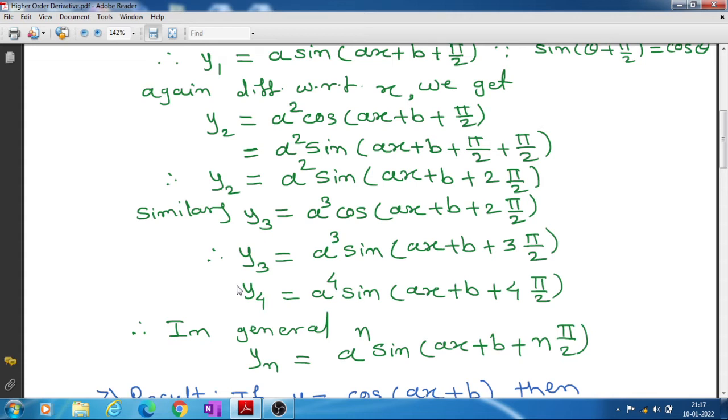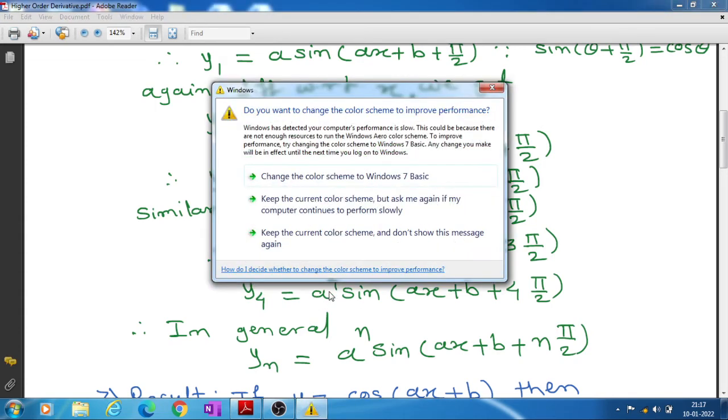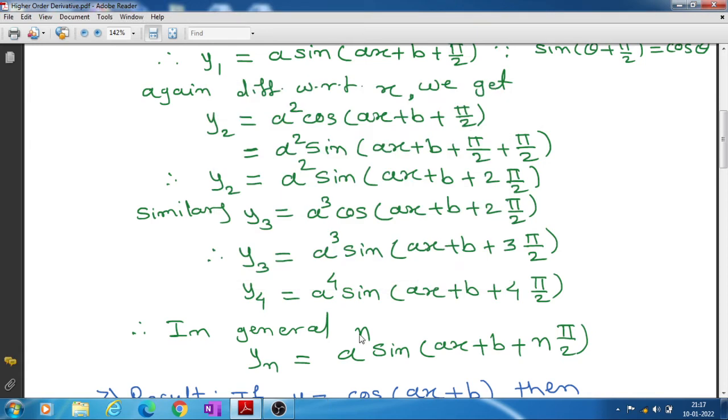Similarly, we write the fourth derivative as a⁴ sin(ax + b + 4π/2). So every time we multiply by a and we add π/2.